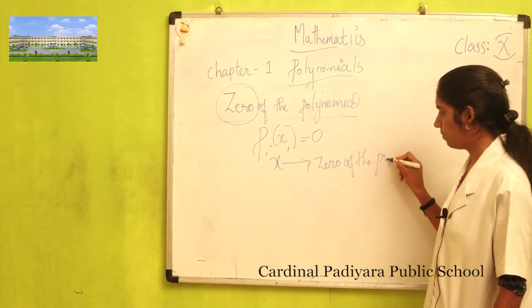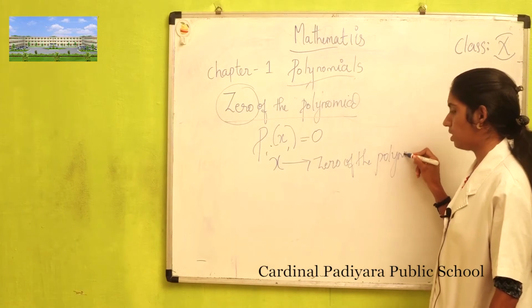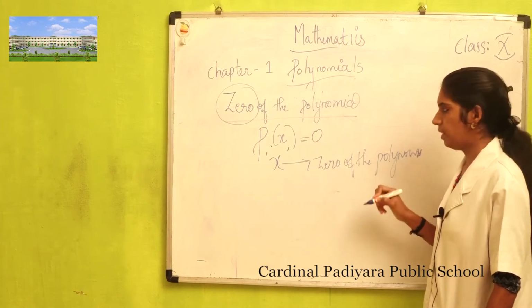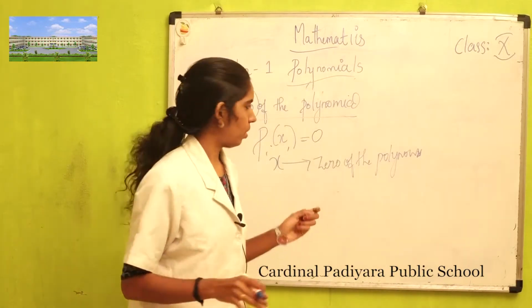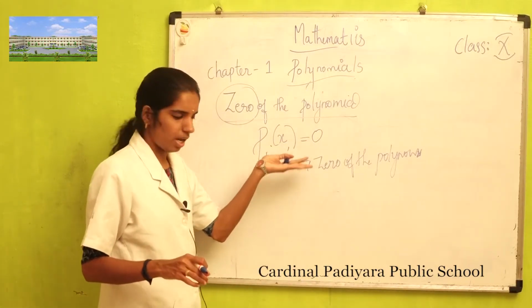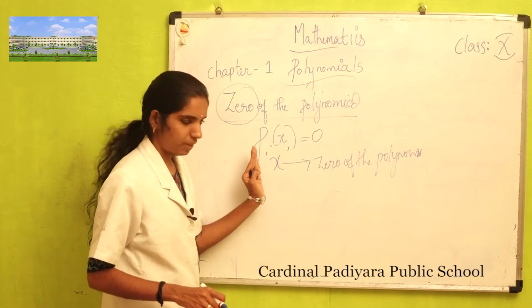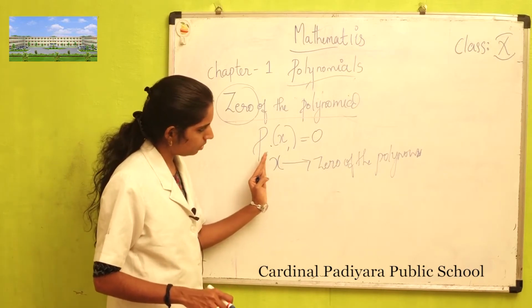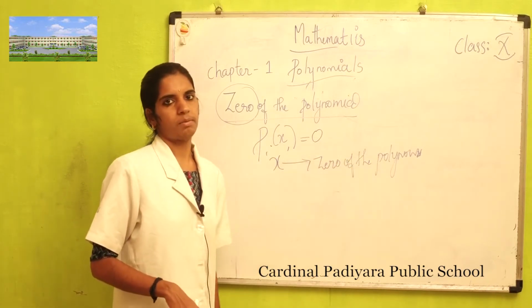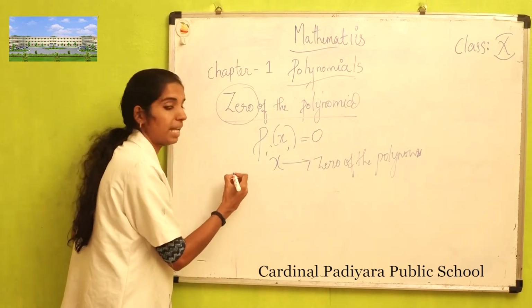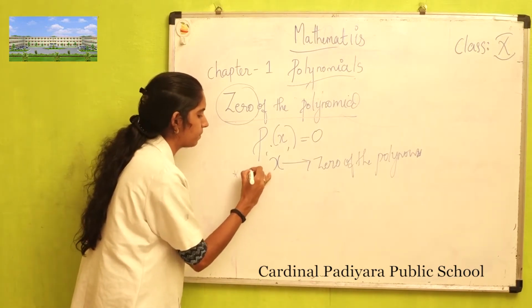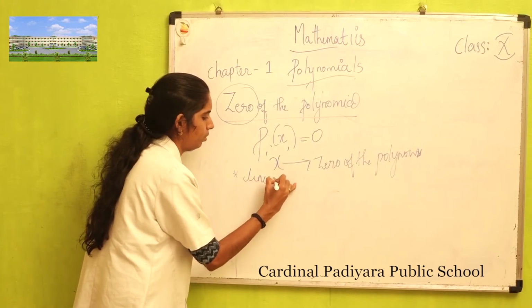Do you get the idea? How will you find the zero of any polynomial? First, you should equate that polynomial equal to 0, that is p of x equal to 0, and you should find the values of x. That x is the zero of the polynomial. Okay. Suppose first we consider a linear polynomial.